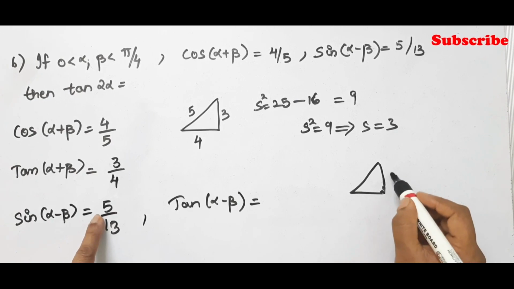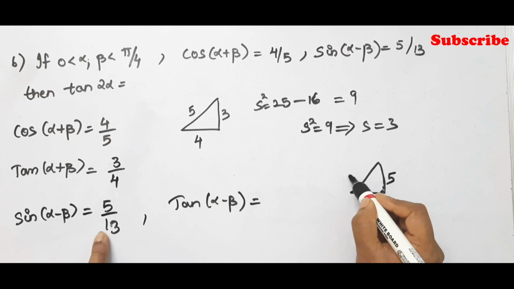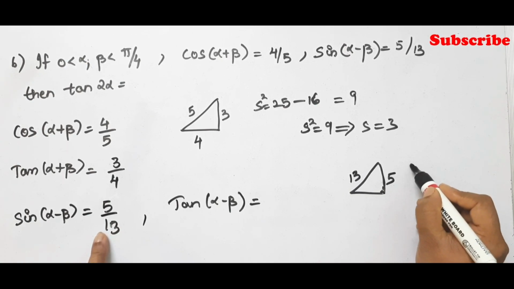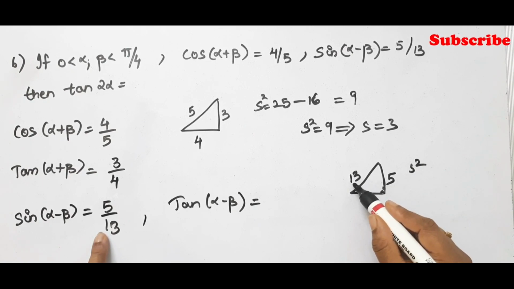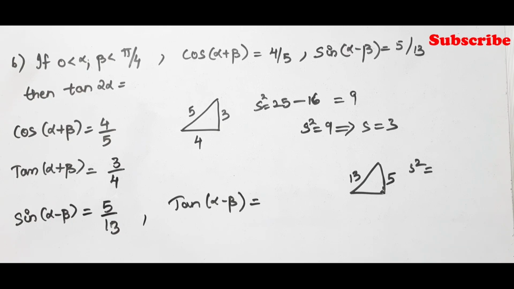Here 5 is the opposite side and 13 is the hypotenuse. So we need the adjacent side. So side square is equal to hypotenuse square. 13 square is 169, minus 5 square, which is 25.